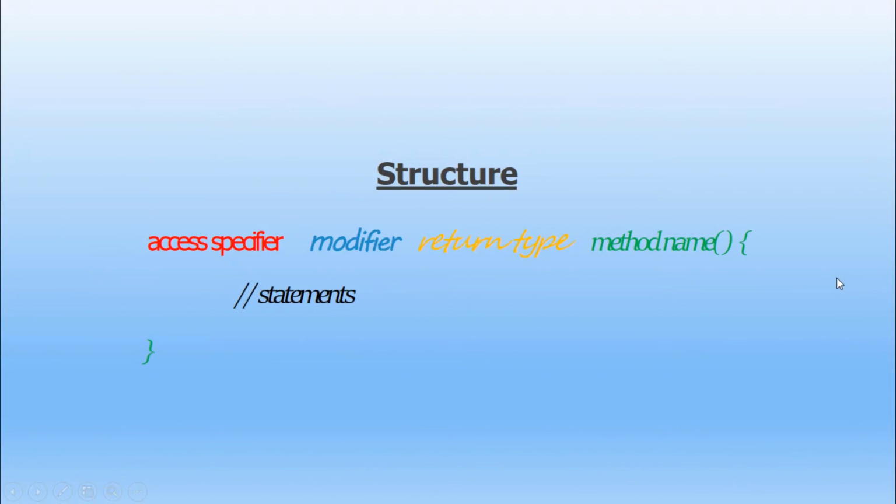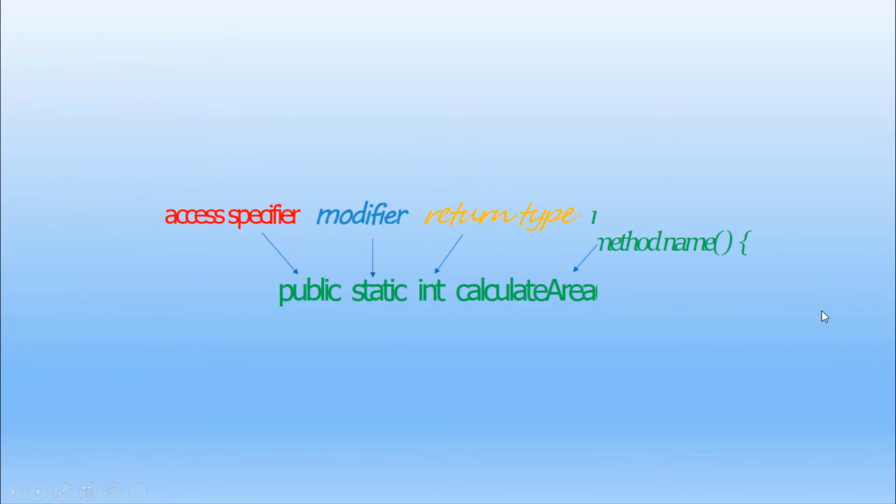Let's look at the structure of these types of methods. In constructing these methods, we need an access specifier, modifier, a return type, and the identifier. So, if we were to create a method to return the value of area to its calling method, our method header will look something like this: public static int calculateArea.